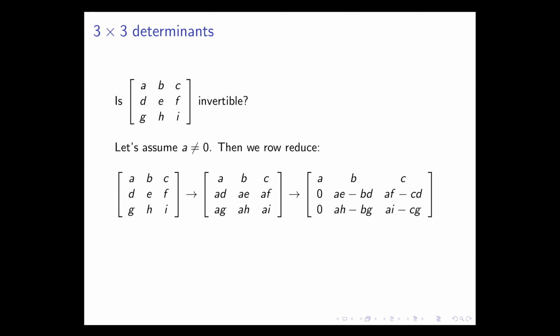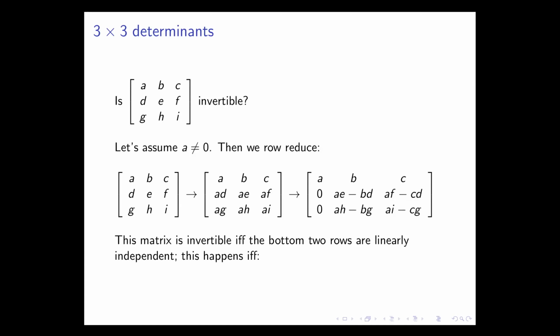And then we're doing the row reduction. So we get rid of the second row and the third row by making the necessary linear combinations. We multiply the first row by minus D and add it to the second row, and multiply it by minus G and add it to the third row. That gives us the first pivot column.